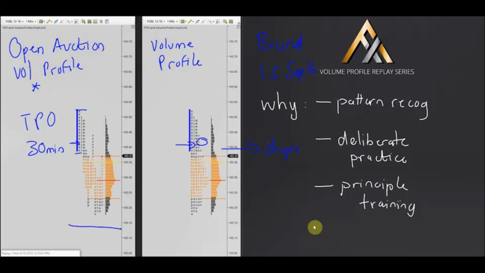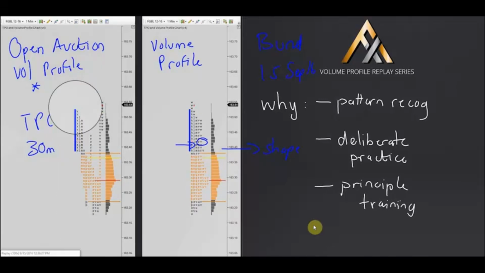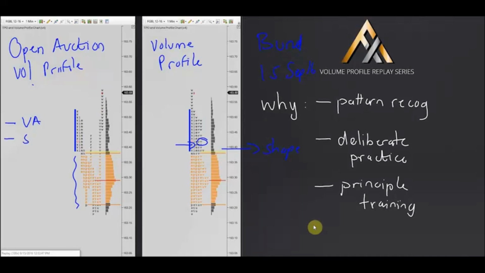Now, what I'm going to do is point out a few of the identifiers that are constantly changing over a period of the day. First and foremost, keep in mind that the value area is constantly changing, which is represented by this orange area. Then the 50% is constantly moving, and that is this yellow line.